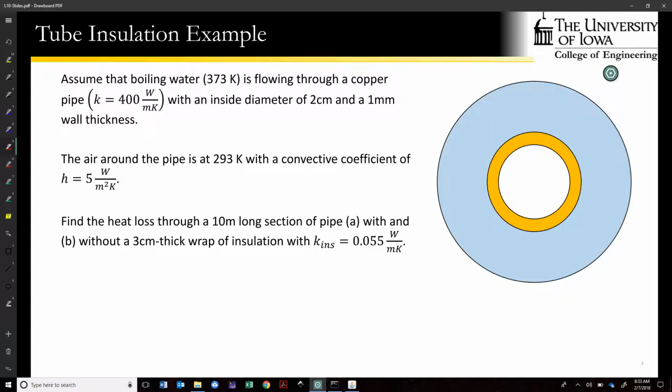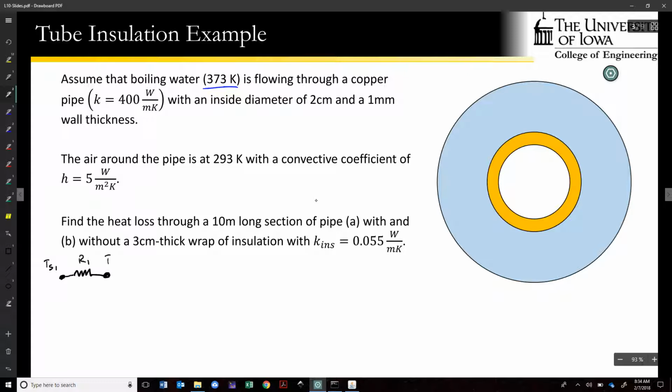So what we did before was look at our two resistance networks that reflect this situation. As before, we start with a node which indicates one of our known temperatures. In this case, we'll let this be the inside temperature, TS1, which is 373 Kelvin. The resistance of the copper wall of the pipe we'll say is R1.